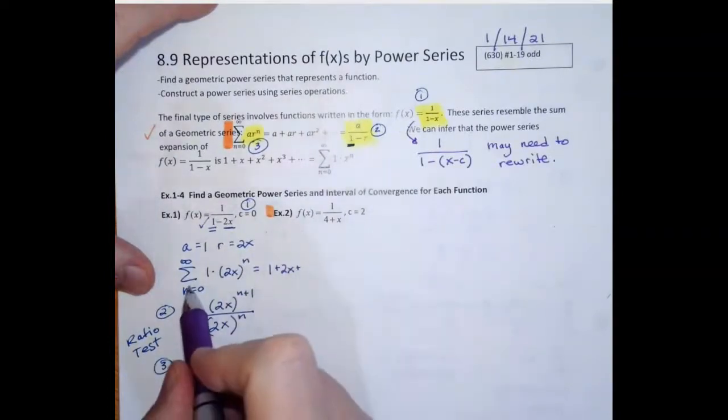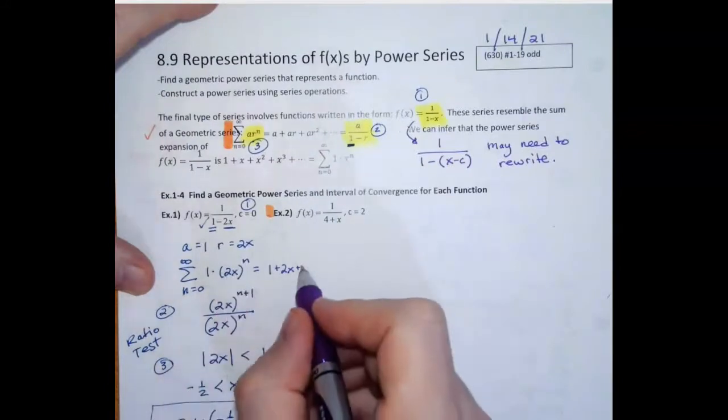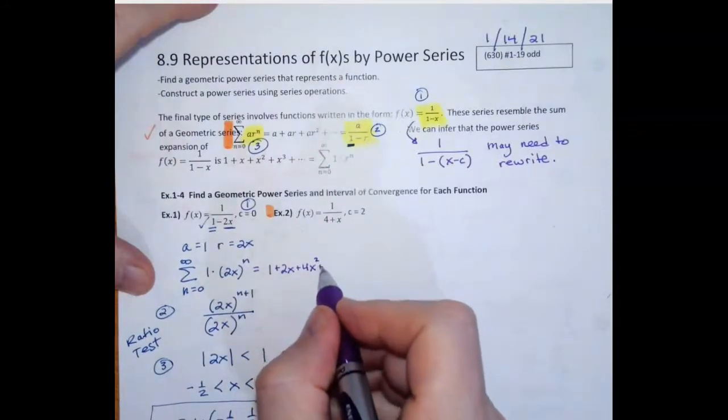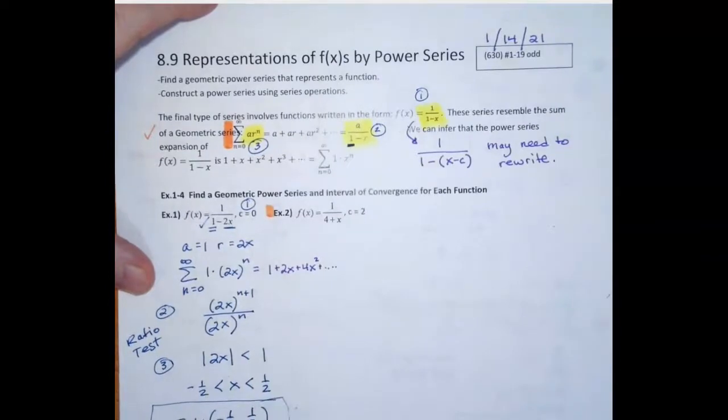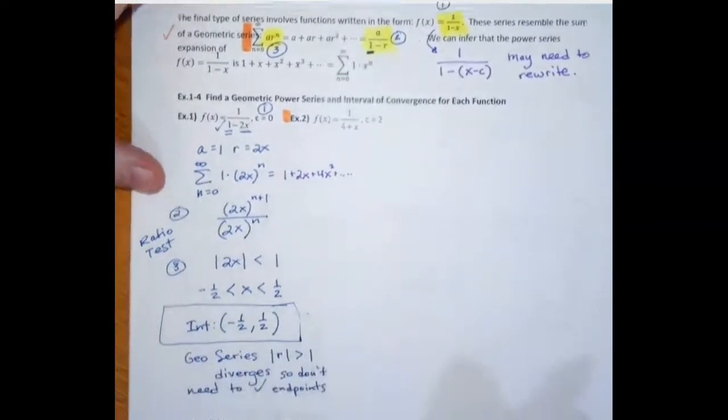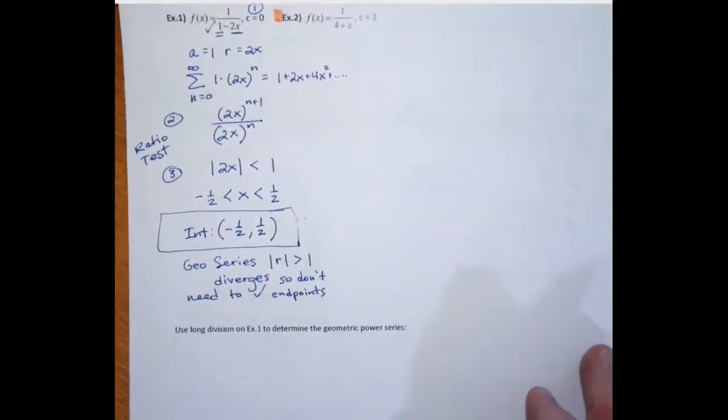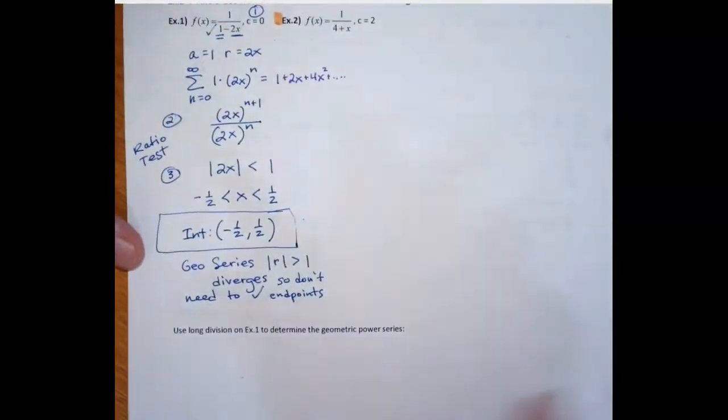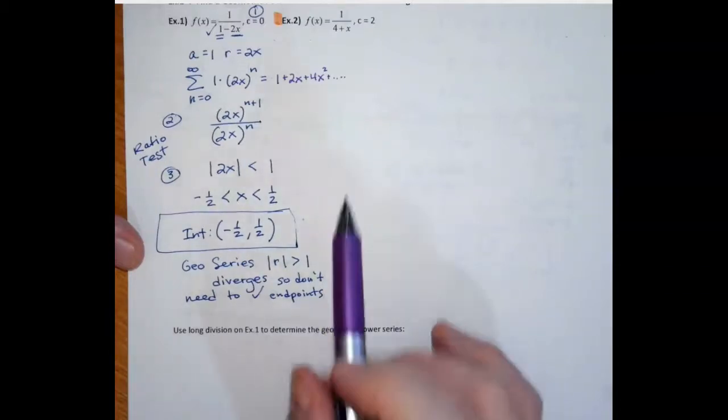And we could plug in a 2 there, square that, we would get 4x squared, etc. Okay. And I guess I should move that up so we could see some of that stuff. But at this point it says, why not use long division on example 1 to determine the geometric power series.